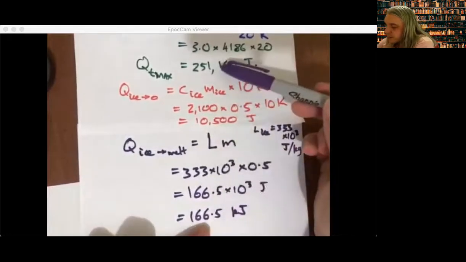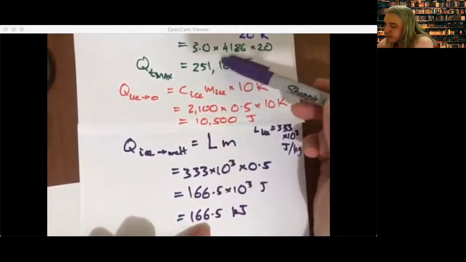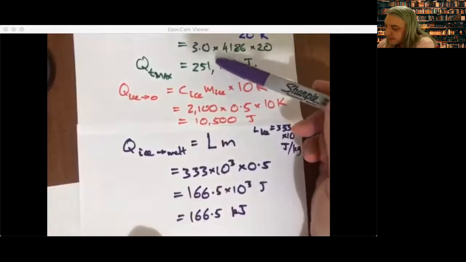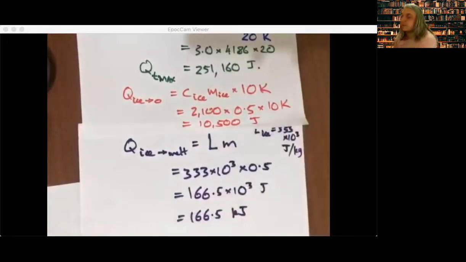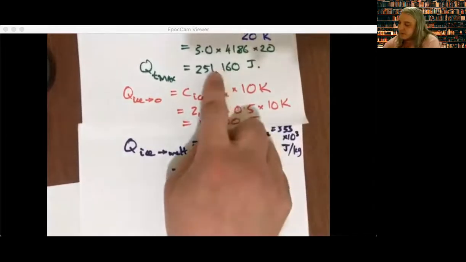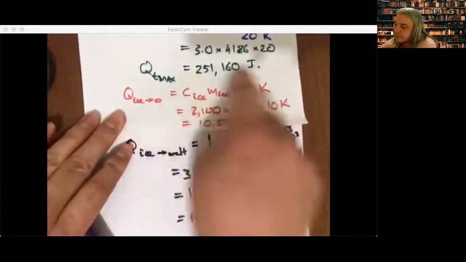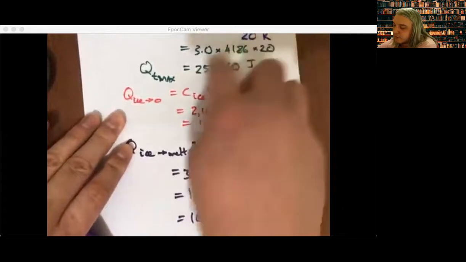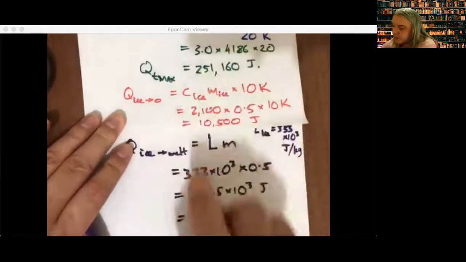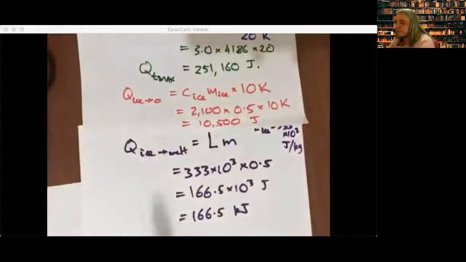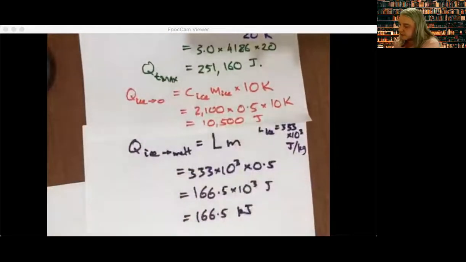So if we use up 177 kilojoules to melt the ice completely, we still have some energy left over. That means our system is all going to be liquid by the end. There's enough energy from the tea that it doesn't have to give off all of that. It doesn't have to drop temperature all that far. It only has to drop temperature part of the way in order to bring the ice up to 0 and to melt it.